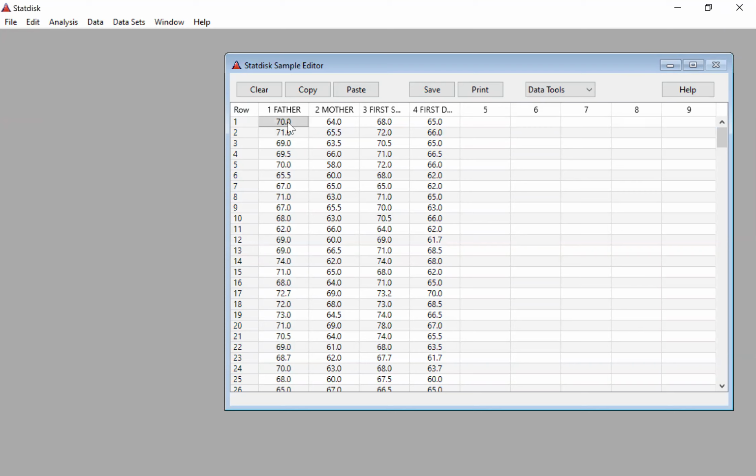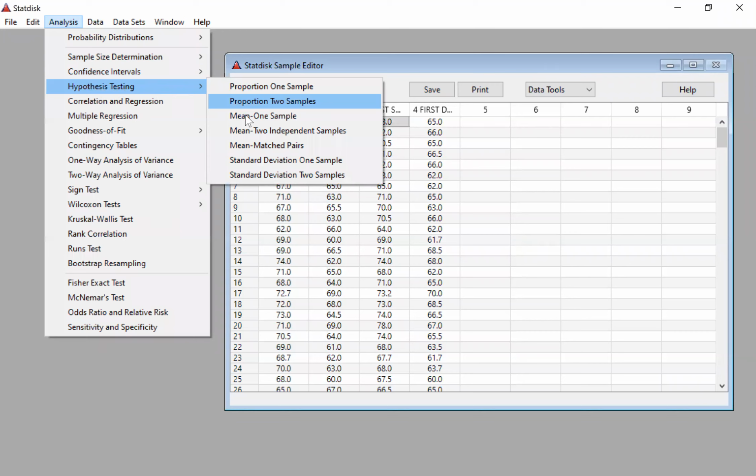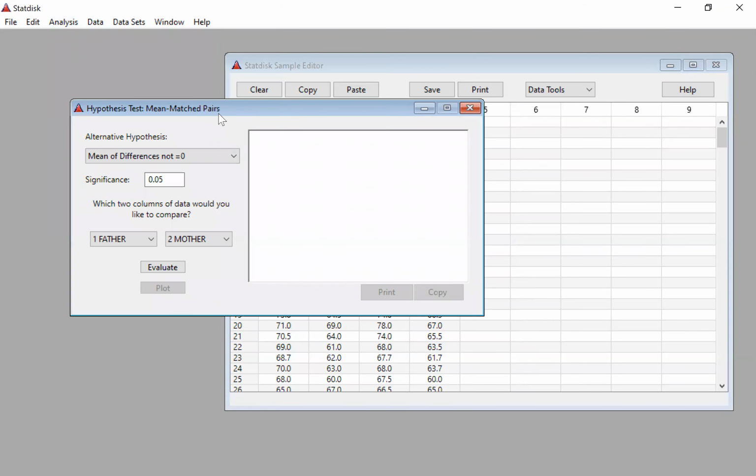This 70, which is the height of a father, is paired with the 68, which is the height of the son. So we're going to be looking at differences individually versus this group difference, or this group mean versus this group mean, which would be the case if it was an independent case. But since these are paired up individually, we're going to go with the matched pairs.